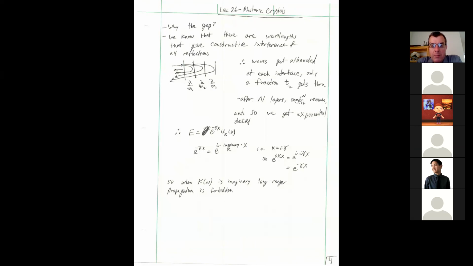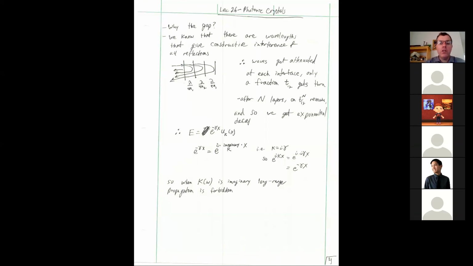So we've got something exponentially decaying, which means we could write our field as some exponential decay factor, e to the minus gamma x, still multiplied by some periodic function of x. And this e to the minus gamma x must be equal to e to the i times an imaginary k times x. So if we're in the band gap, k equals i gamma.